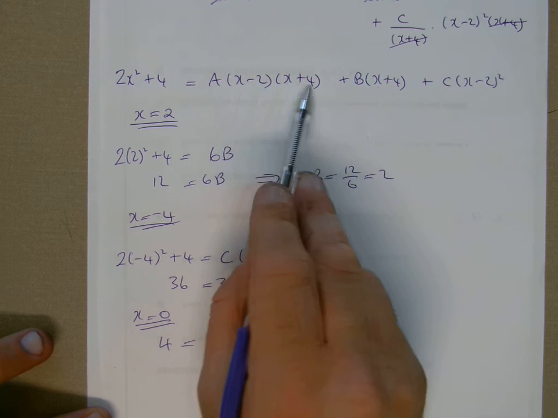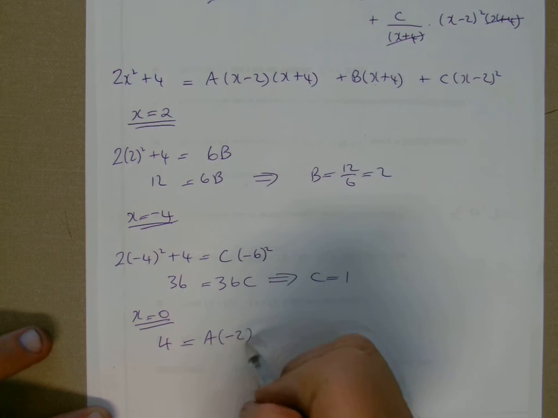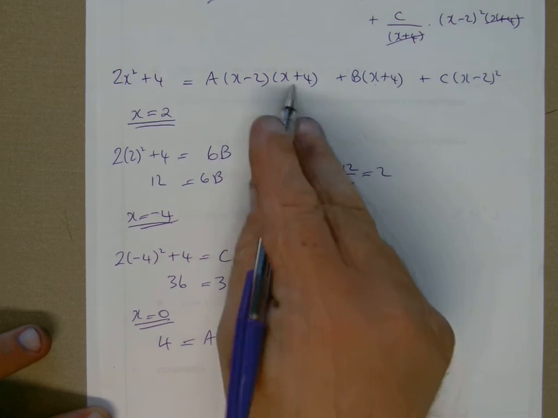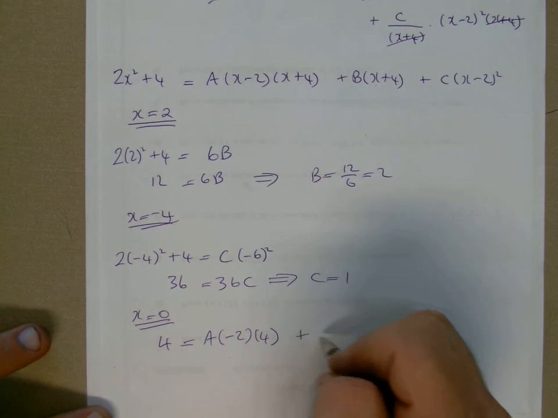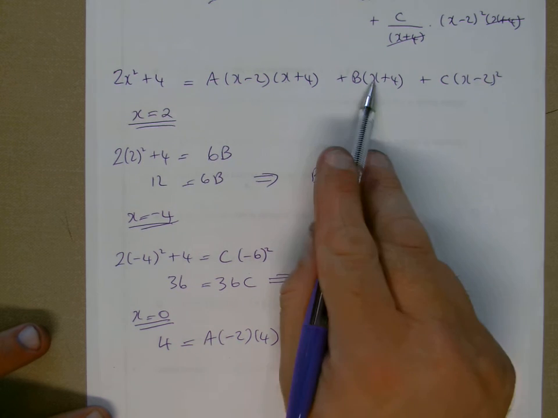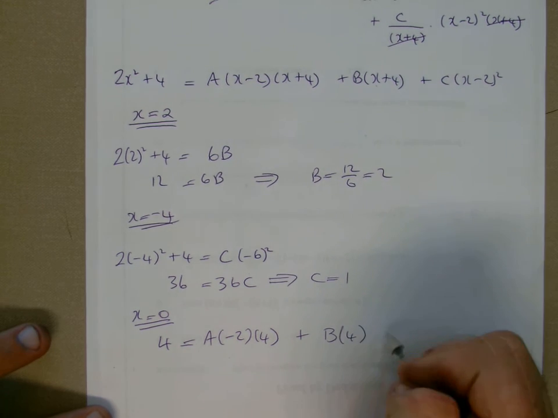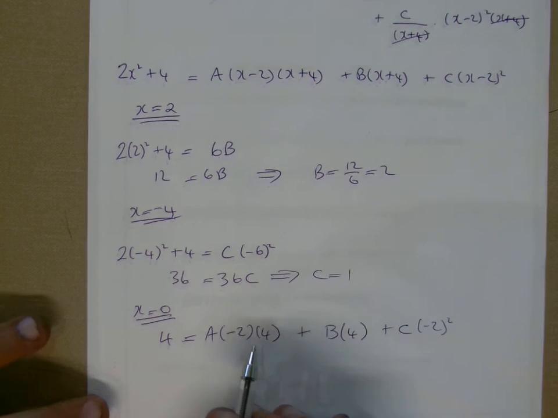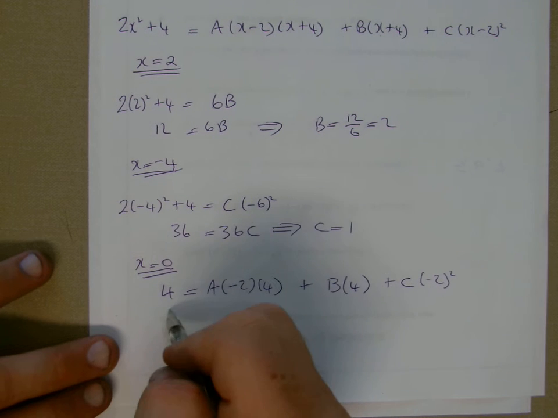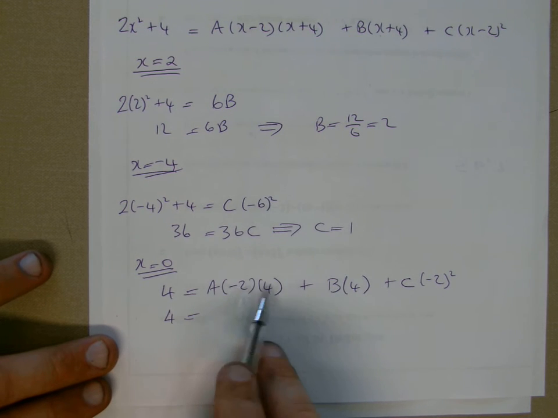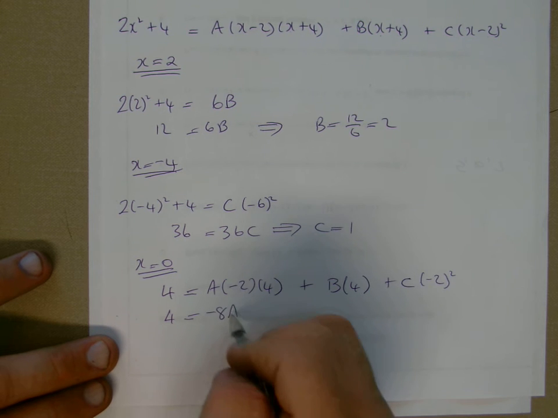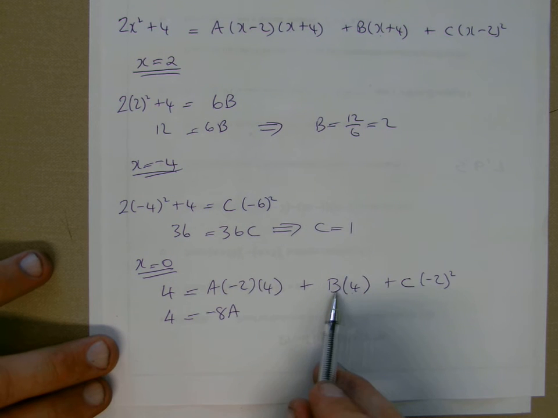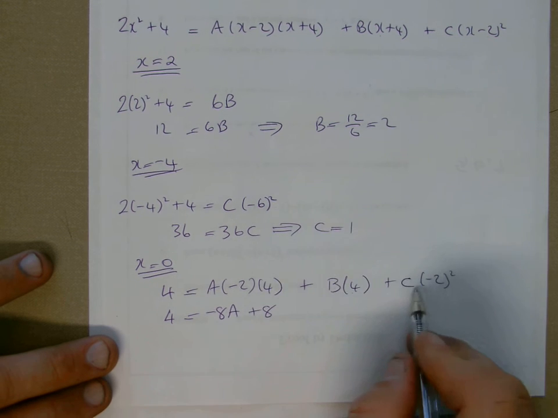I'll have A times minus 2 times 4, plus B times 4, plus C times minus 2 squared. So 4 equals minus 8A, plus B, and B is 2, so 2 times 4 is 8, and then C is 1, so it'll be 1 times 4, which is just 4.